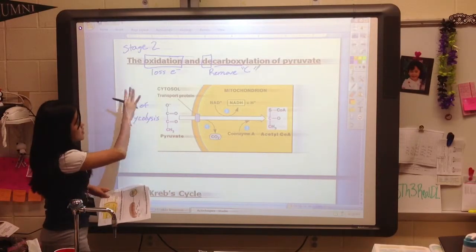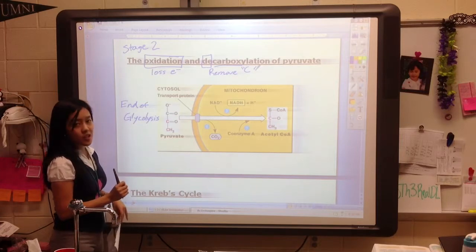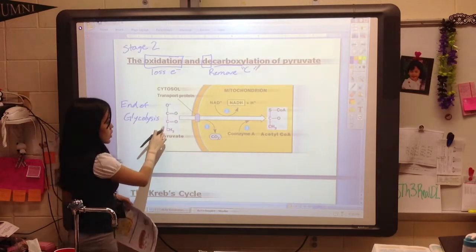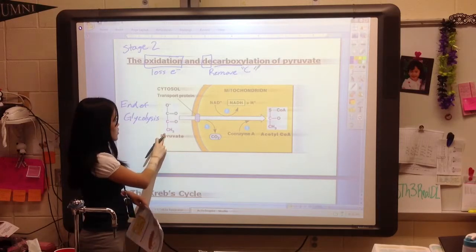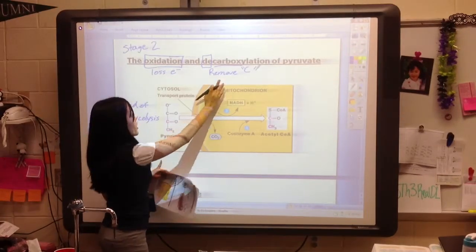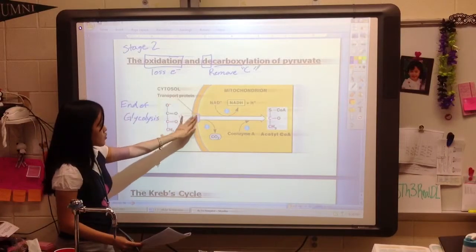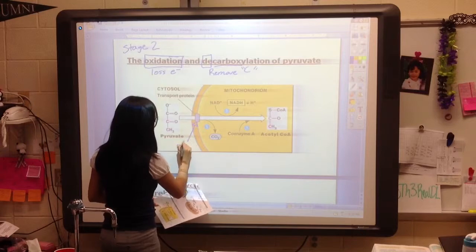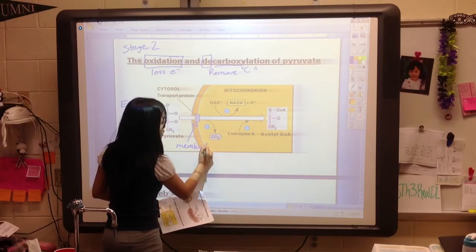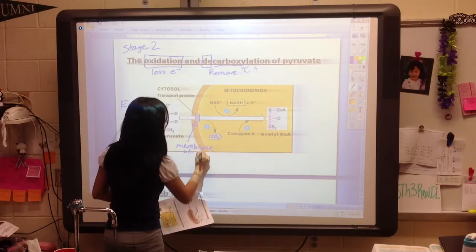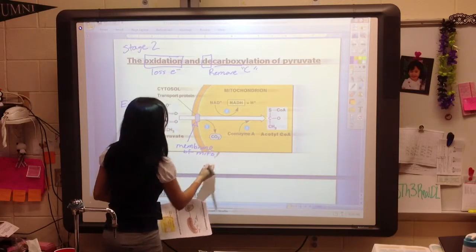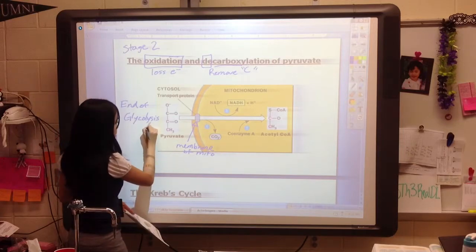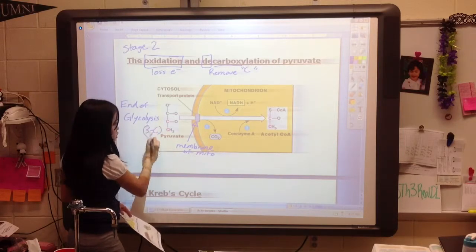So what happens in the oxidation and decarboxylation of pyruvate? Well, you have your pyruvate molecule, and notice how these two carbons are in a different color. Remember that we are removing a carbon. So you actually have a transport protein. This is happening within the membrane of the mitochondria. Your pyruvate is a 3-carbon molecule.